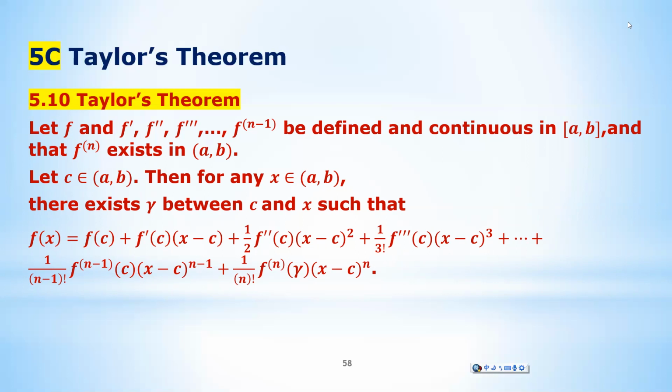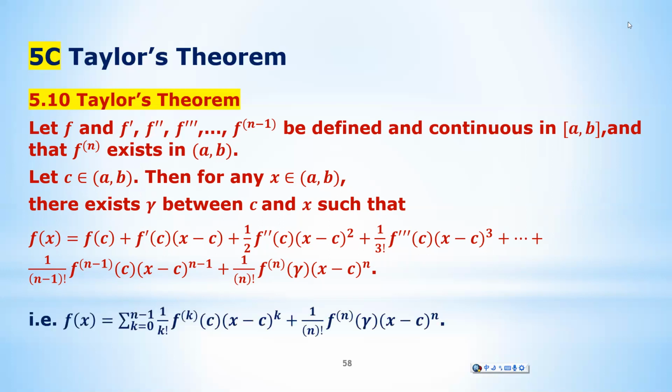So that's called Taylor's theorem. The basic thing about Taylor's theorem is that the error term can be expressed by the nth derivative at gamma, for some point between a and b. Now this expression can be written in sigma form.